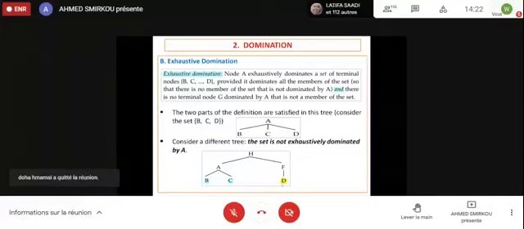The problem here is that D doesn't have the same mother as B and C. B and C have the mother A, D has the mother F, which means they are not dominated by the same node. This is the violation of the first part. And when you have a violation of the first part of the definition, automatically you have a violation of the second part of the definition.